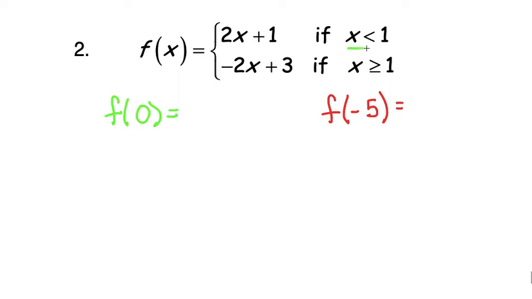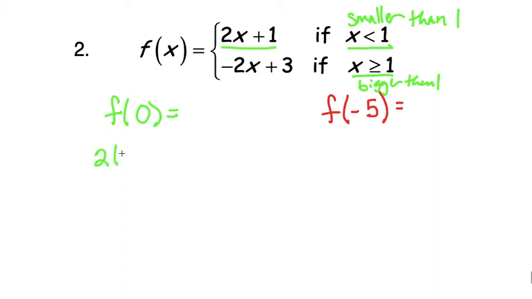This is for anything smaller than 1. I like to write that down for myself because when I have it in words, for some reason it makes more sense to me. So this is for when smaller than 1, and this is for bigger than 1. 0 is smaller than 1, which means I'm going to use this function.